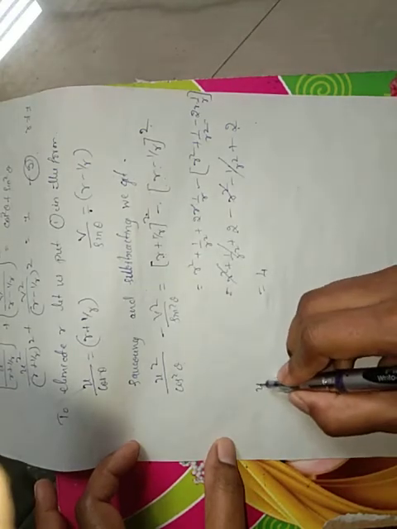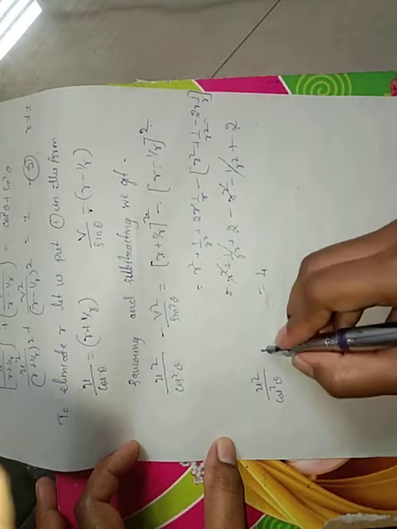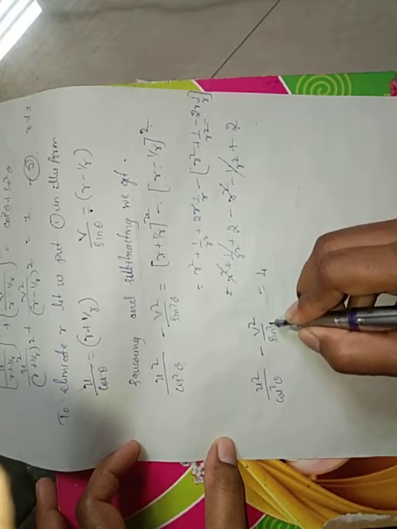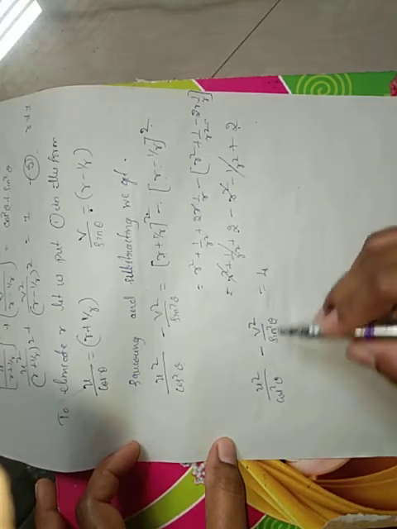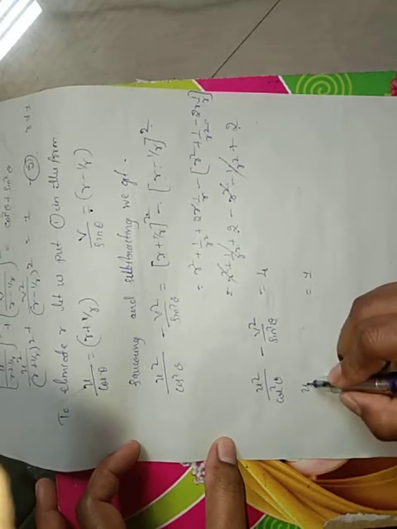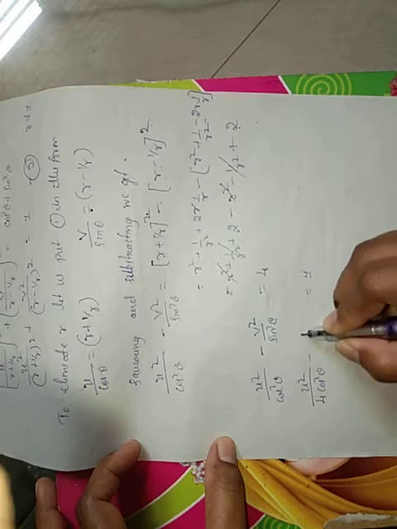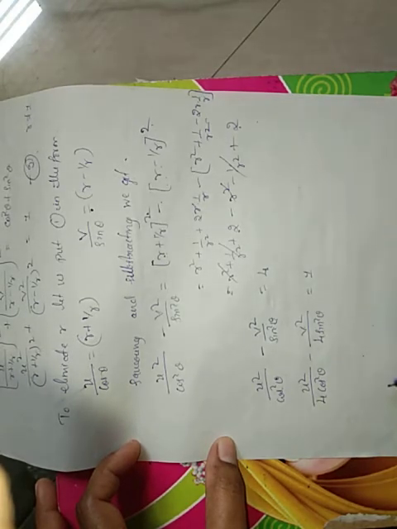So u square divided by cos square theta minus v square divided by sin square theta is equal to 4. Take this 4 onto the denominator, which will be taken on both sides. So 1 is equal to u square divided by 4 cos square theta minus v square divided by 4 sin square theta.